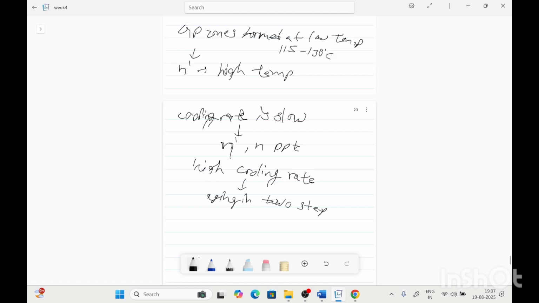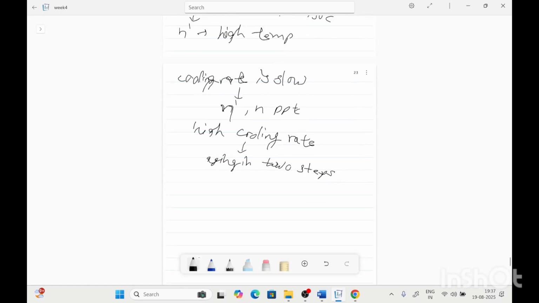First, the GP zone forms at low temperature, and that GP zone further changes into the meta prime at higher temperature. So generally, first the aging is done at 120 degrees Celsius for 1 hour.